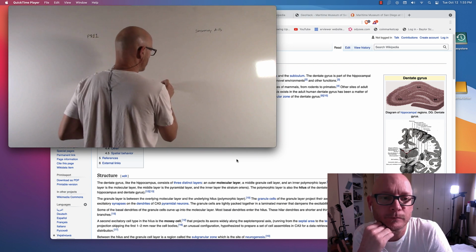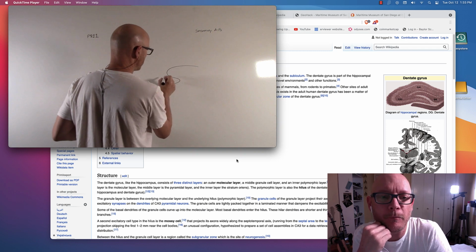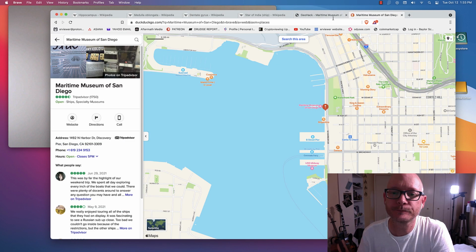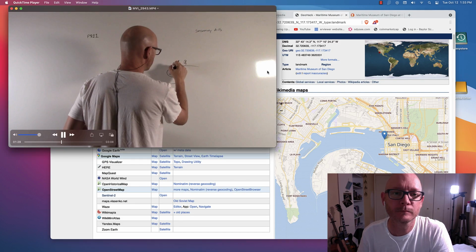There it is. This looked like a shoreline. Trees.